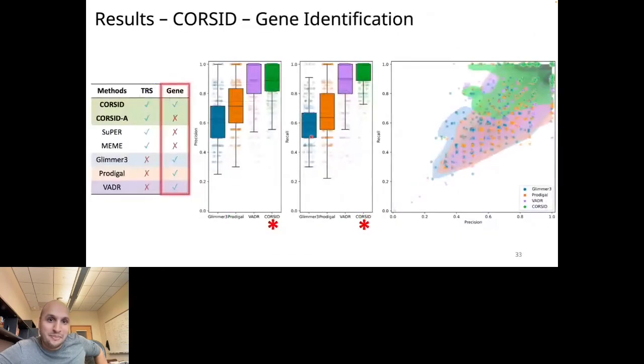The other thing that we did is we also wanted to assess the performance of gene identification. We have 468 different coronaviruses, and we downloaded all their annotations from GenBank, a bunch of GTF files.